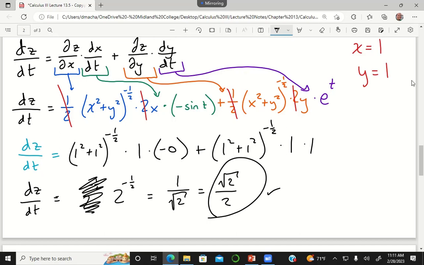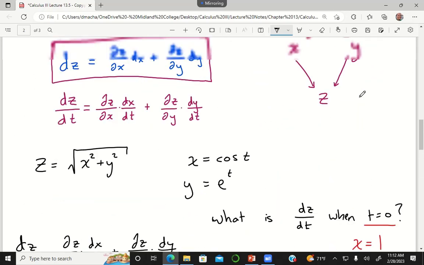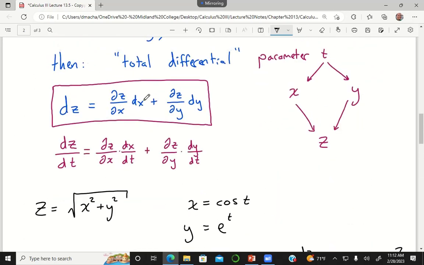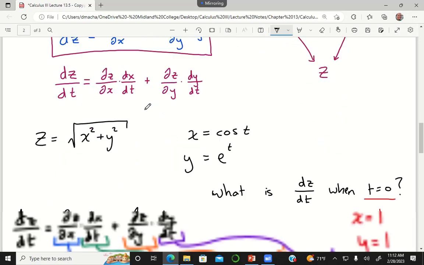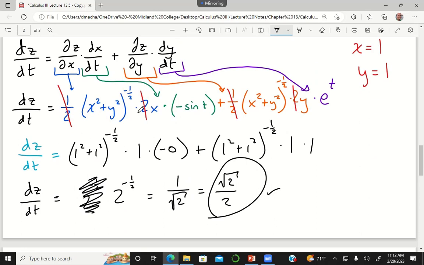There's a whole bunch of little parts and moving pieces happening here. But as long as you can remember this total differential equation, and remember that to find dz dt you just divide everything by dt, I think you should be able to navigate this one step at a time. Did you have any questions about this example?